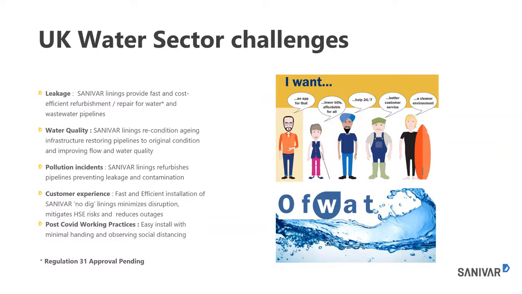And where Sanivar linings can contribute to that main outcome is that the linings provide fast and cost-effective refurbishment and repair for water and wastewater pipelines. In terms of water quality, the Sanivar linings can recondition aging infrastructure, so restores pipeline to original condition, improving flow, water quality, and the general state of the pipeline.